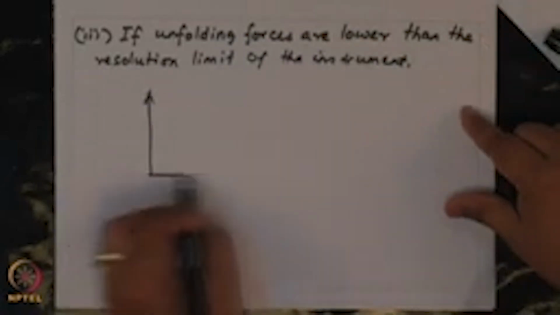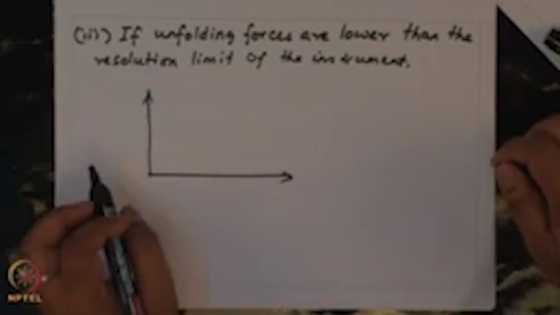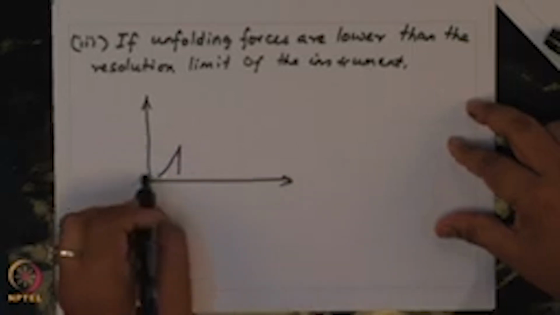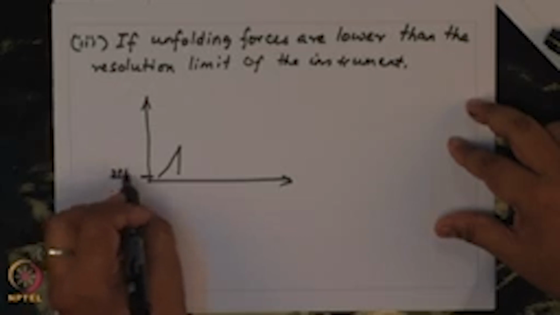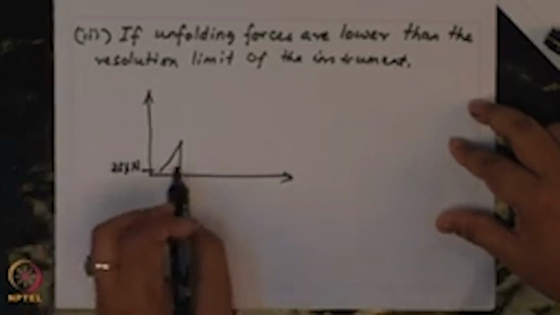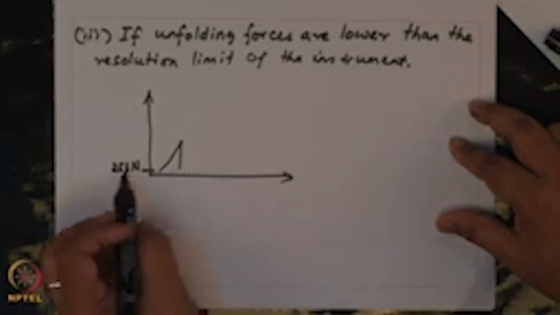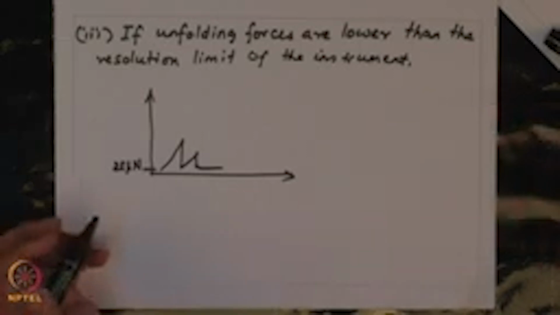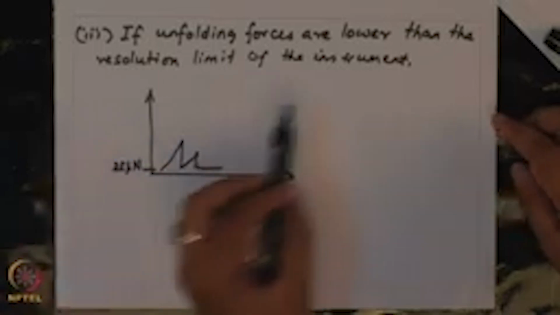In other words, in your force scale, if you cannot resolve below 20 piconewtons, you do not see anything below that. Let us say the absolute lowest is 25 piconewtons. You will not get any spectra for a peak below 25 piconewtons, and you will not even notice it. This is the other case where the unfolding forces are very low and your instrument cannot detect them. But still there is a broad area over which you can operate and find out the unfolding spectra.